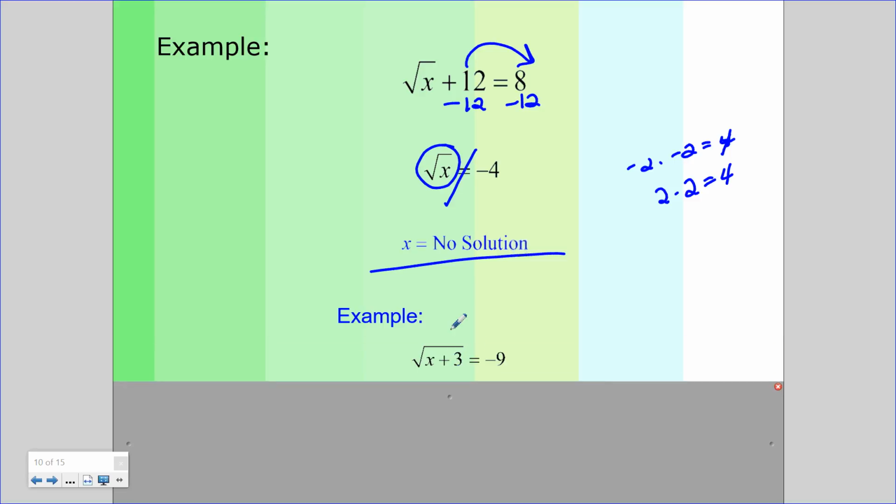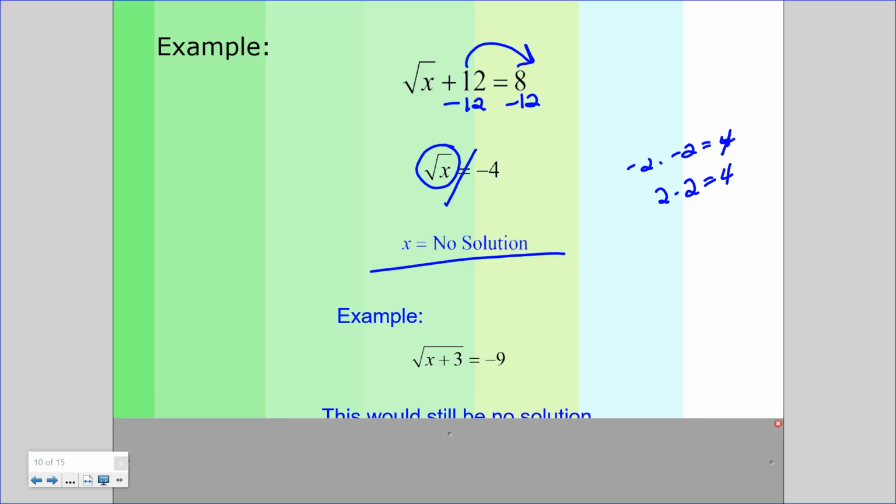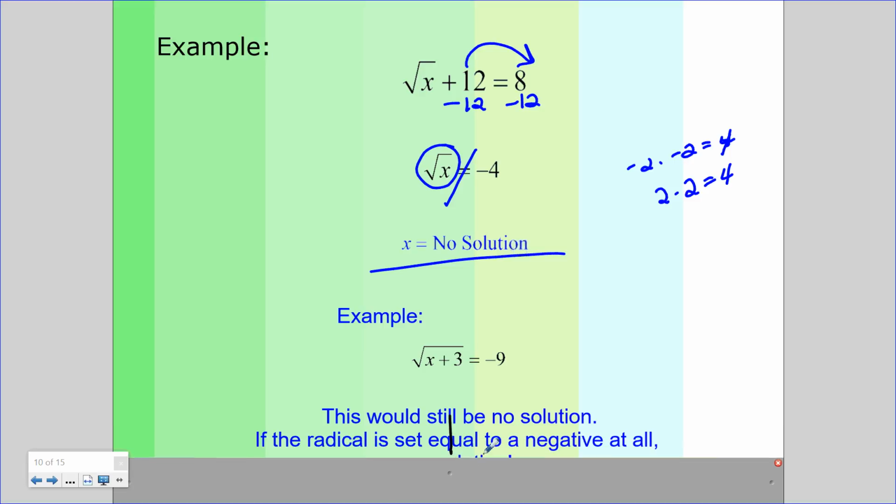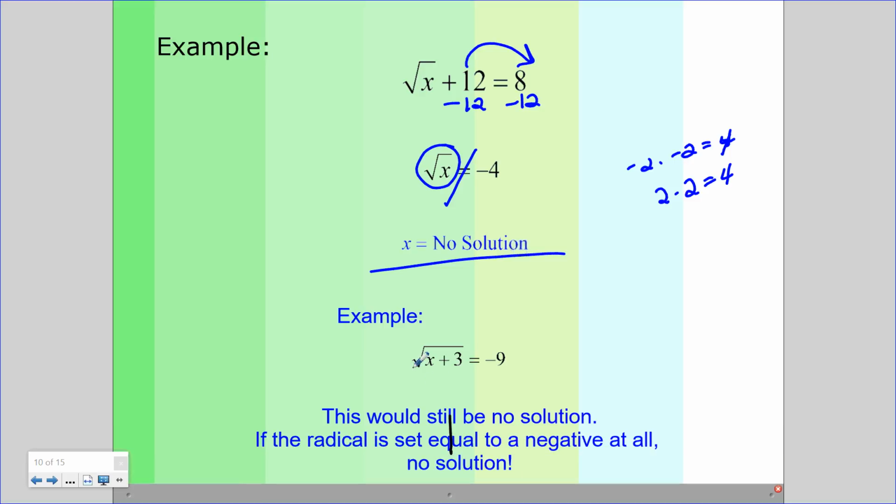You have a radical expression set equal to a negative number, and there's really nothing. You can square both sides and solve, but at this stage right here, there we go. You have a radical set equal to a negative number.